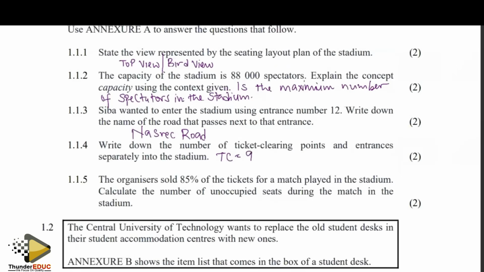So here we got 9 ticket clearing points, then the entrances we have 19.